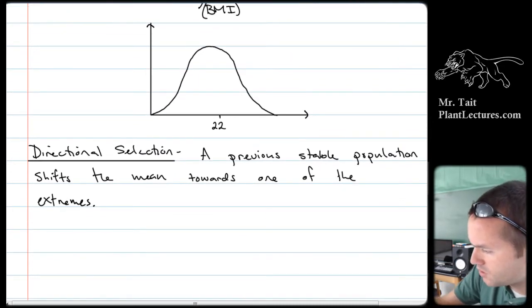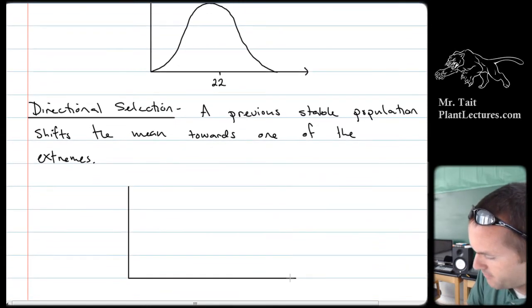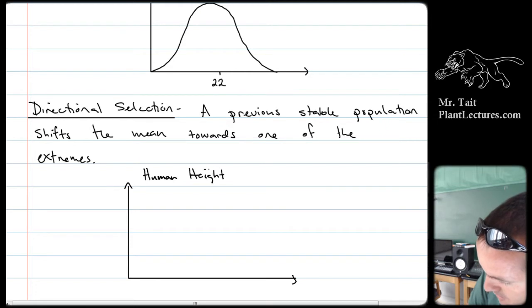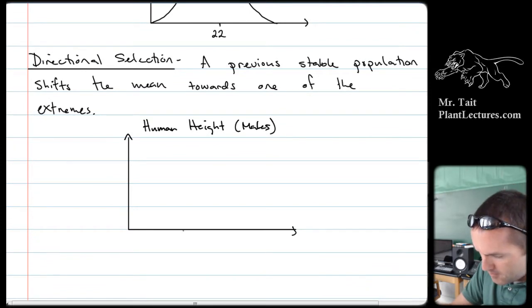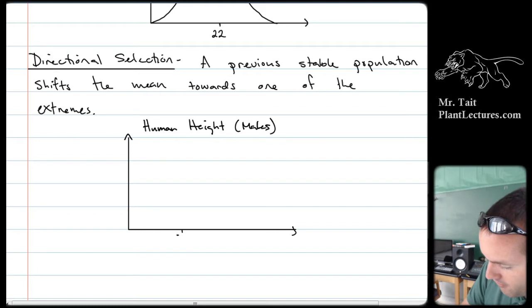Okay, so again, here's our graph. This is like human height. Let's say males. Let's say the average height for males in 1950 was, say, 5'5".